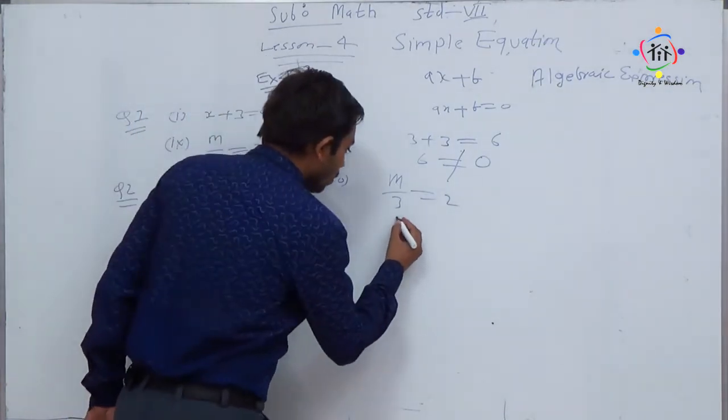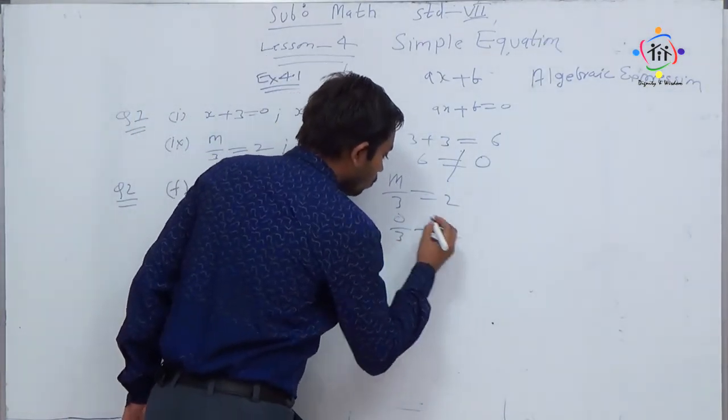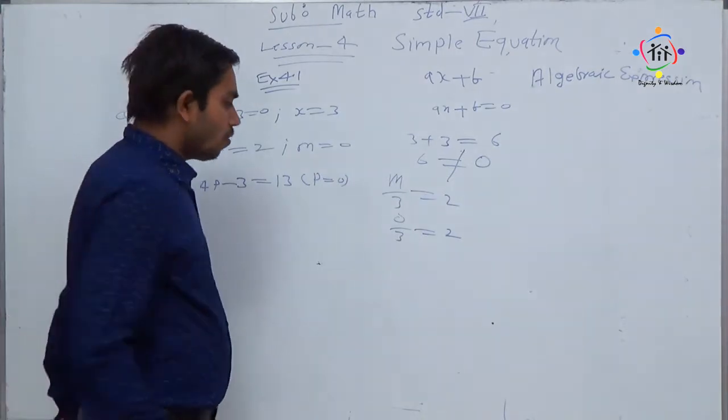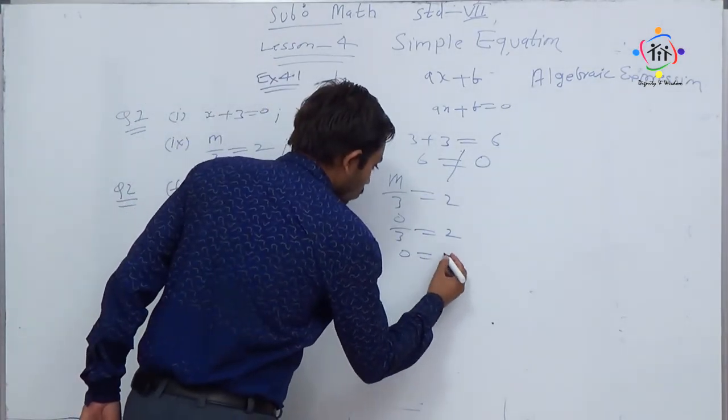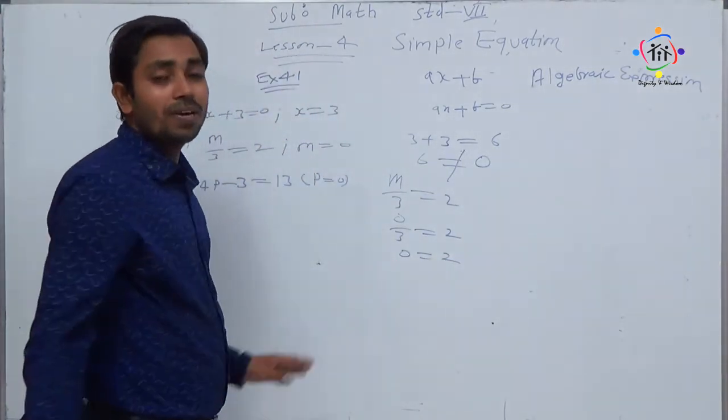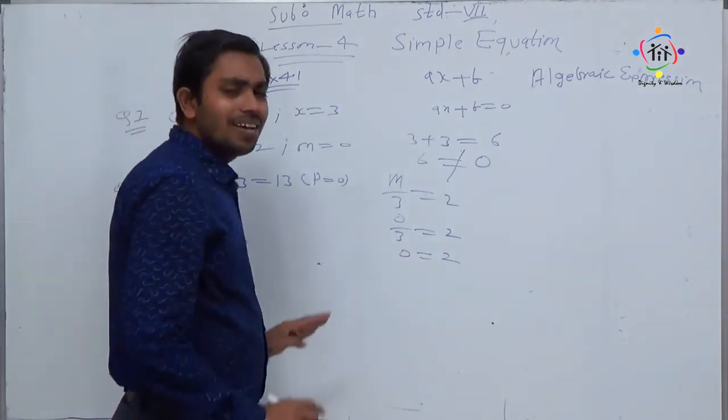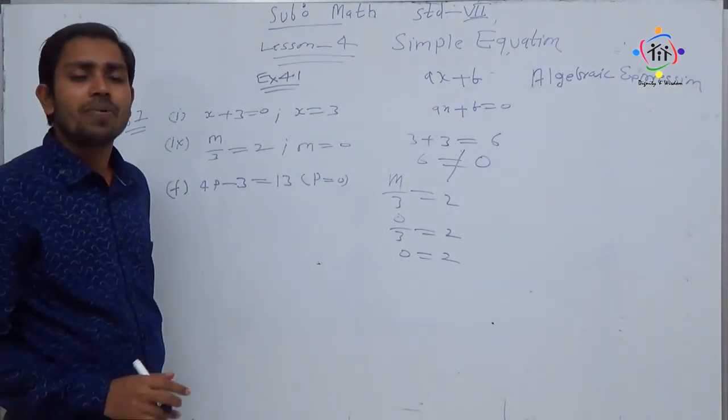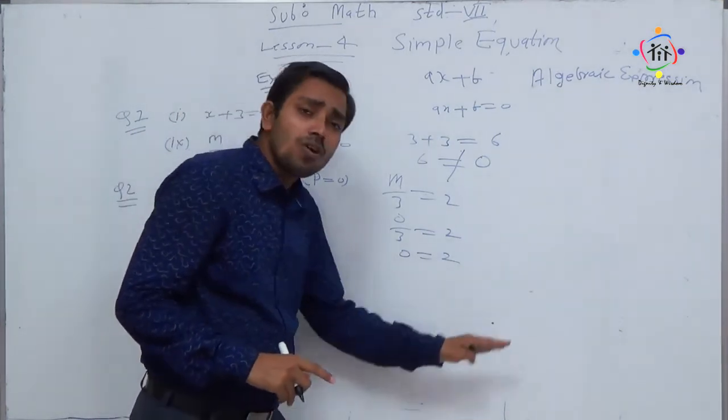Here m is 0 given, 0 divided by 3 is equal to 2. 0 divided by 3 will be 0 only, my dear students. So on the left side we are getting 0, but the right side is given as 2. Hence, it does not satisfy the equation because we are not getting LHS equal to RHS.